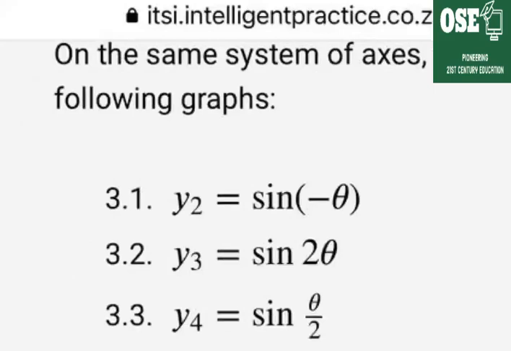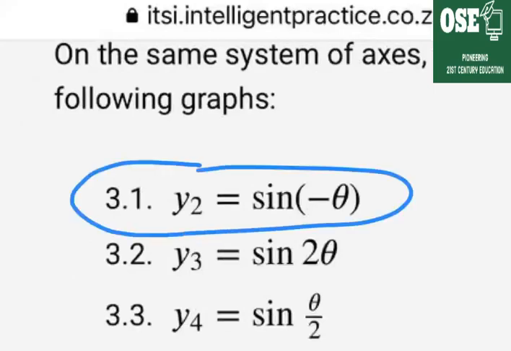This one. If you can quickly calculate the values for sine minus theta from 0 to 360, I'll give you 2 minutes and then we'll draw the graph.